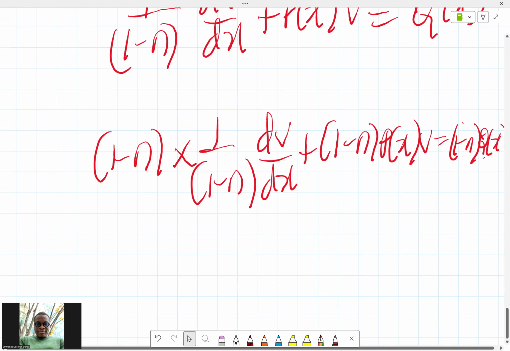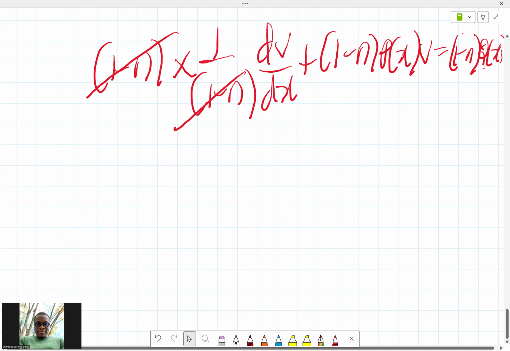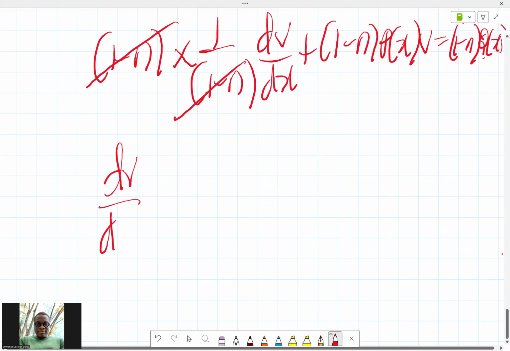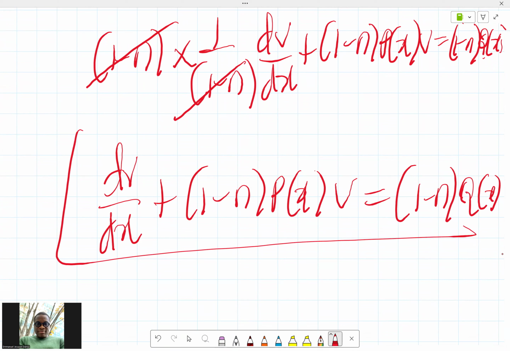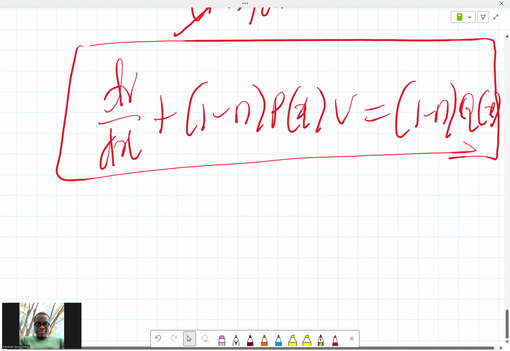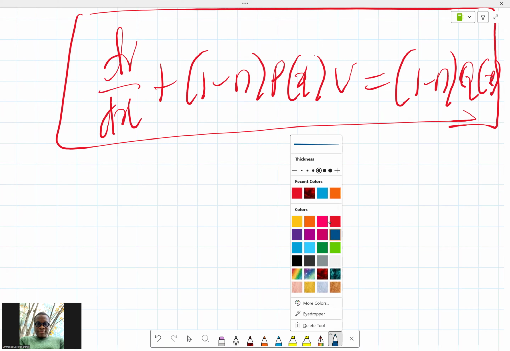Because this cancels out, we have dv/dx plus 1 minus n, p of x, v equals 1 minus n, q of x. So we have this expression now in terms of v. With this in place, we have a new expression.